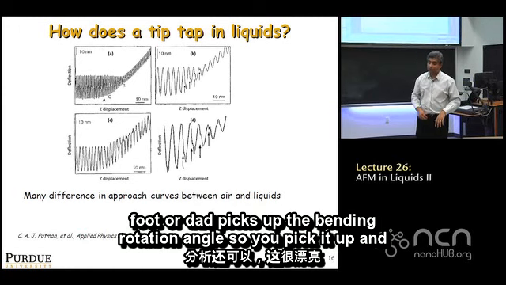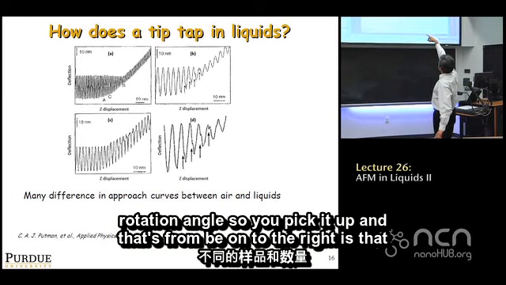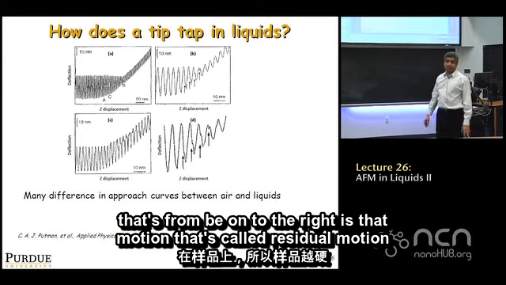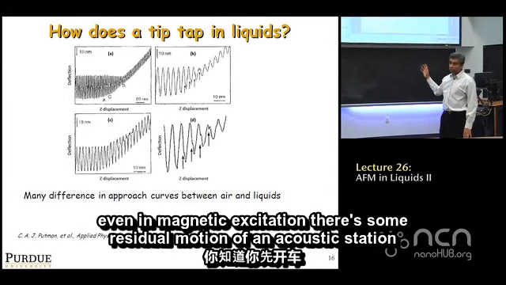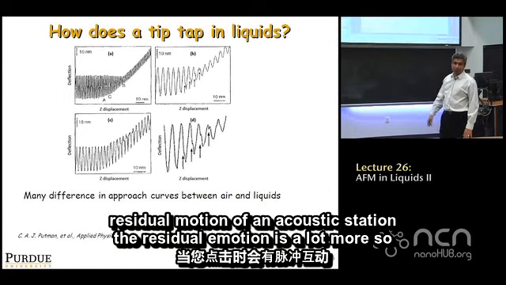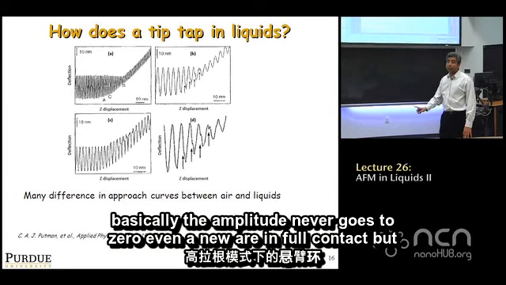That's from B on to the right, and that motion is called residual motion. Even in magnetic excitation there's some residual motion, although in acoustic excitation the residual motion is a lot more. So the amplitude never goes to zero, even when you are in full contact.